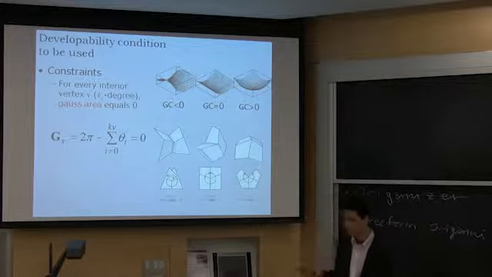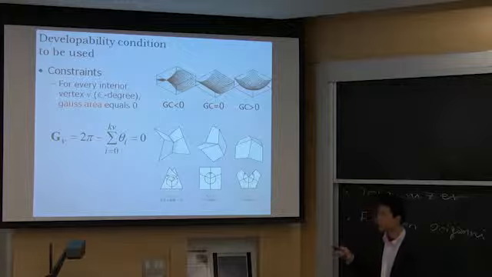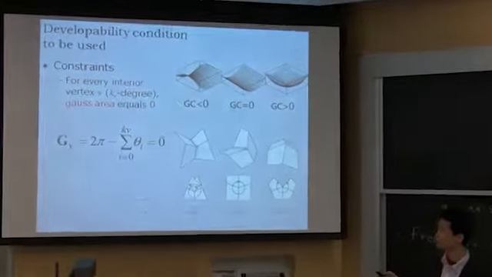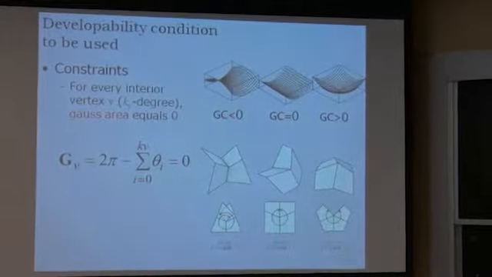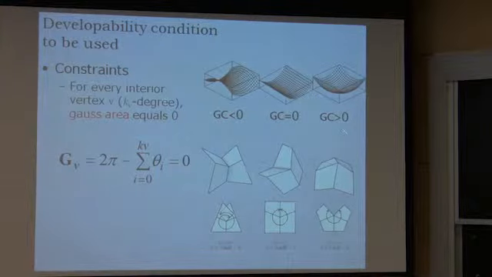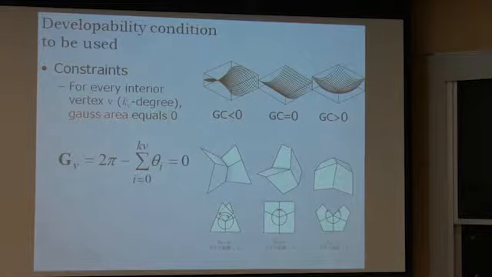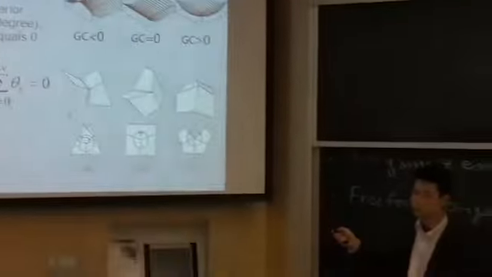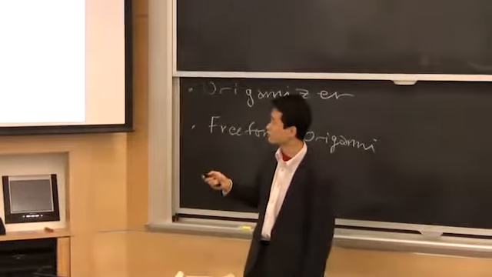So even in this case, we have to think about Gauss curvature. It's very easy to define Gauss curvature for a C2 surface by multiplying the principal curvatures.